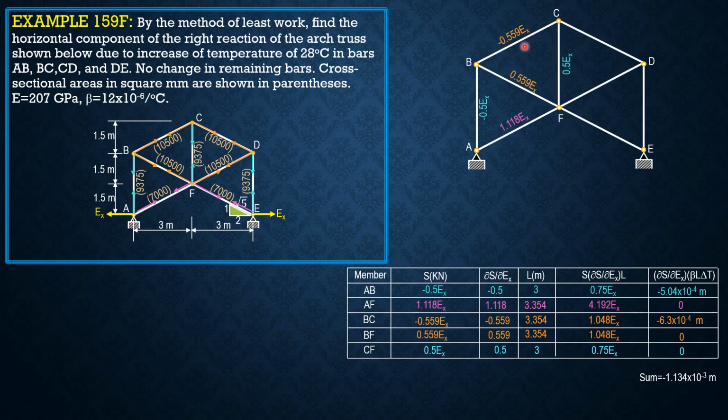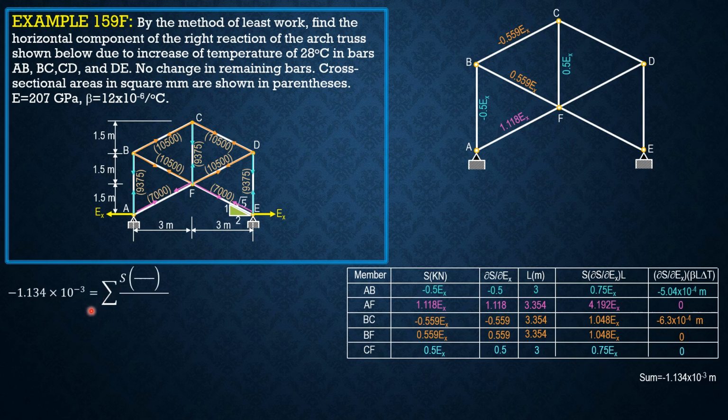All other members have identical members that we just copy whatever values they have in this column here, except for CF where we have to multiply one product here by 0.5.